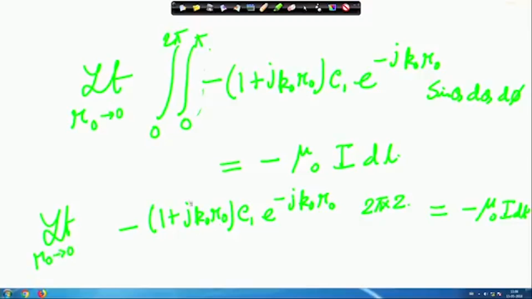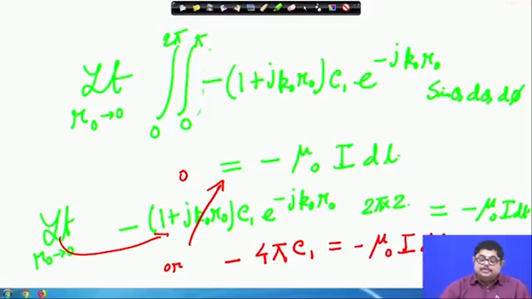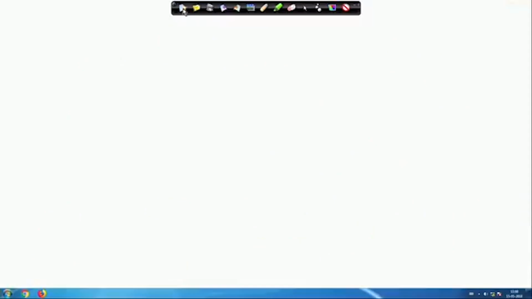So, if this goes to 0, this term cancels. So, I get the final thing minus 4 pi C1 is equal to minus mu naught I dl. So, this helps me to find the value of C1, which is nothing but mu naught I dl by 4 pi.